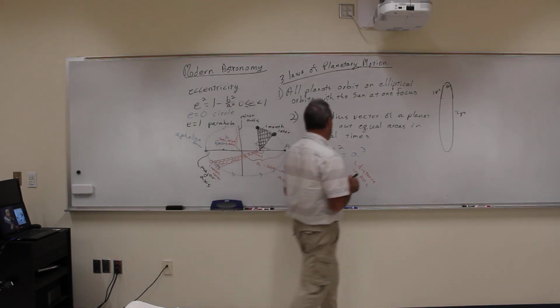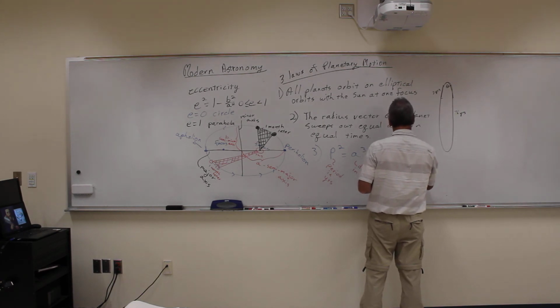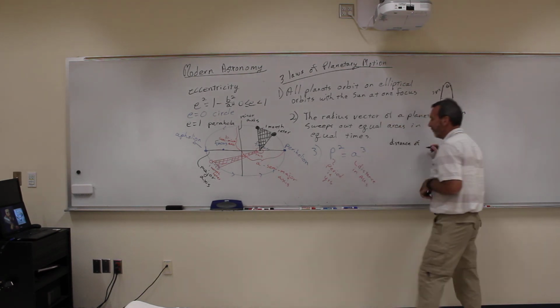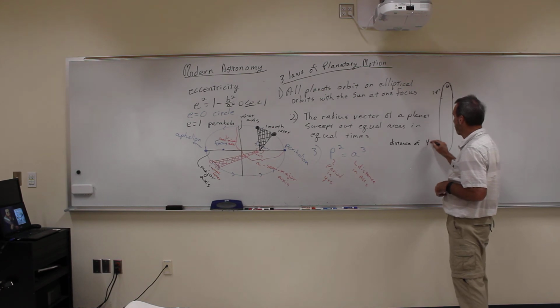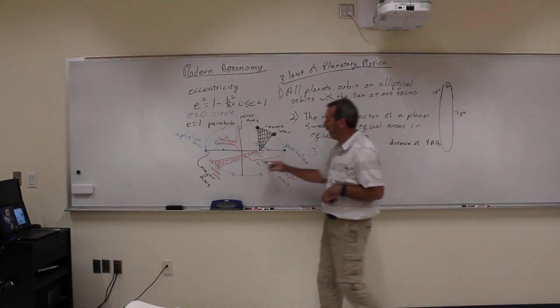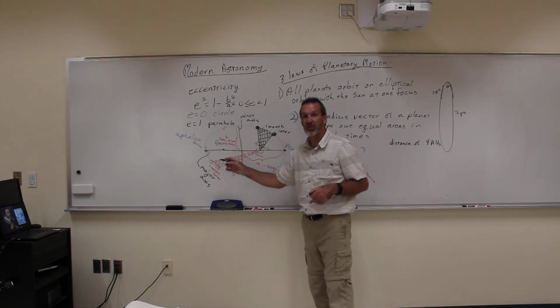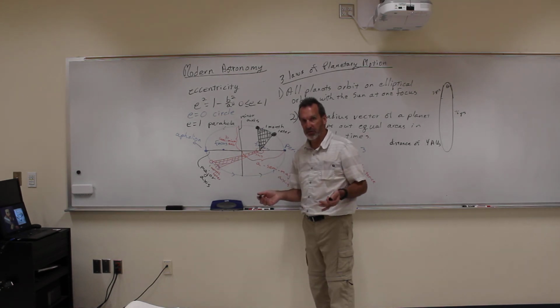If I had a planet with a distance of, let's say, 4 AUs. Okay? So its semi-major axis, A, which is half the distance of the major axis, is also the average distance.